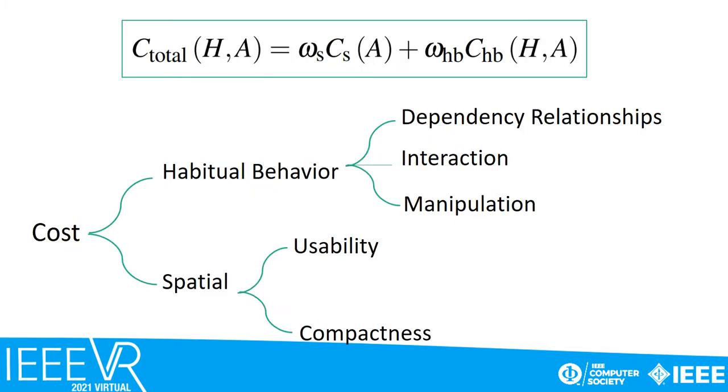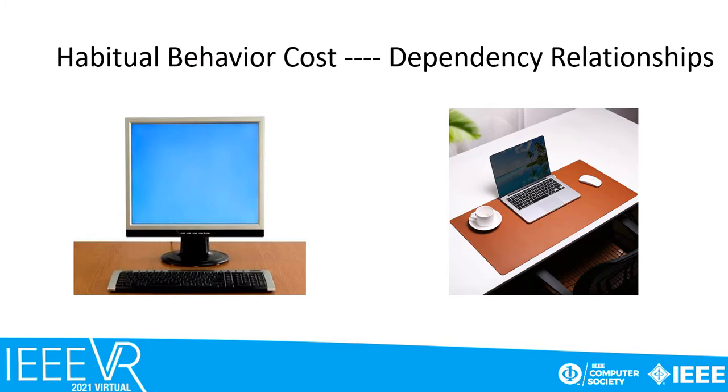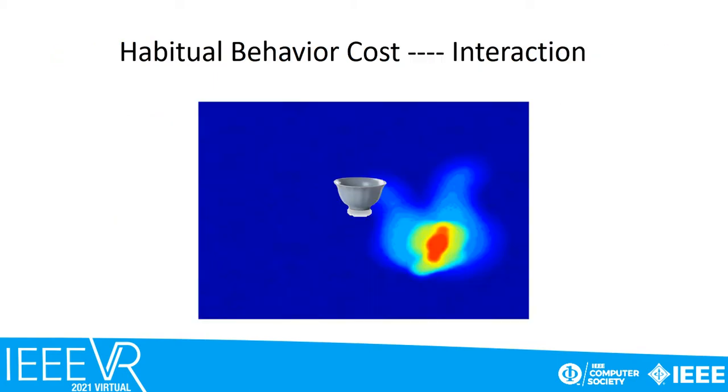In the optimization, we define some costs to consider the spatial constraints and habitual behavior constraints. In the habitual behavior cost, we consider some interdependencies between an object and the other objects. The cost penalty ensures that related objects will be in a relatively fixed position, such as keyboard and monitor.